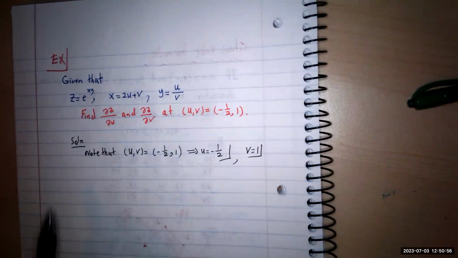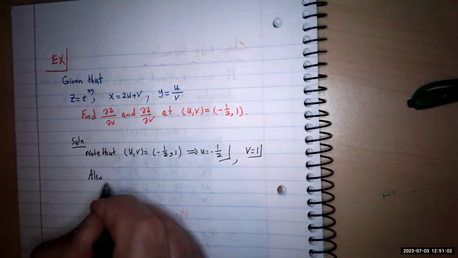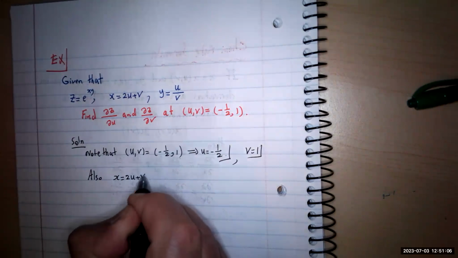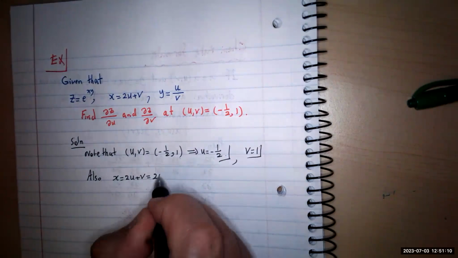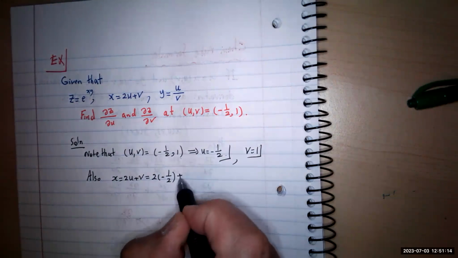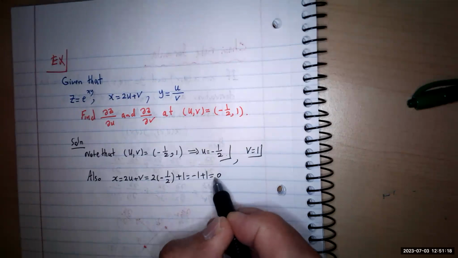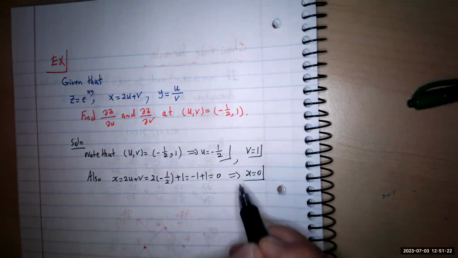Substitute here to get x and y. Your x is equal to 2u plus v. u is -1/2, so it's 2 times -1/2 plus v, which is 1. So it's -1 plus 1, which is equal to 0. So make a note that your x is 0.